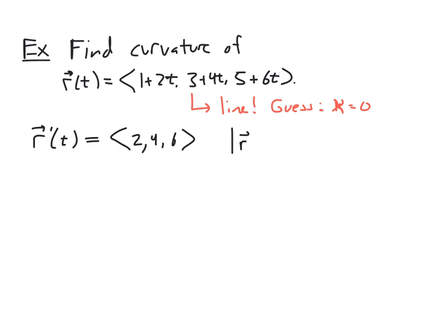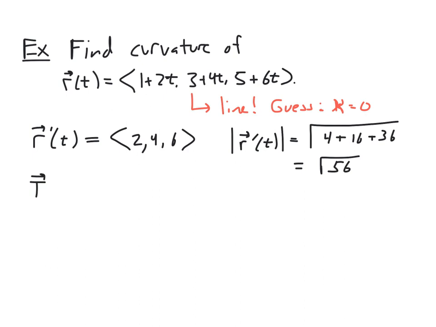And so the magnitude of r prime of t is just the square root of 2 squared plus 4 squared plus 6 squared, which is the square root of 56. I'll go ahead and record that for now.